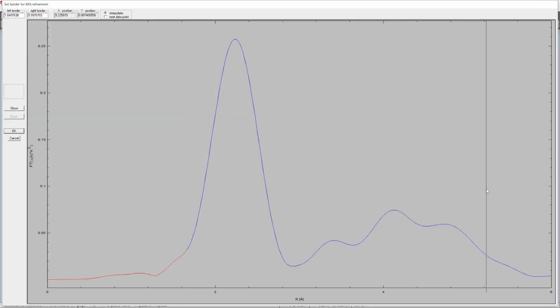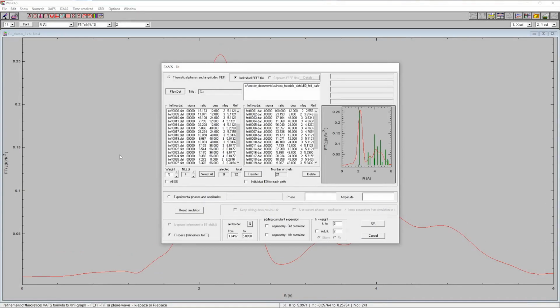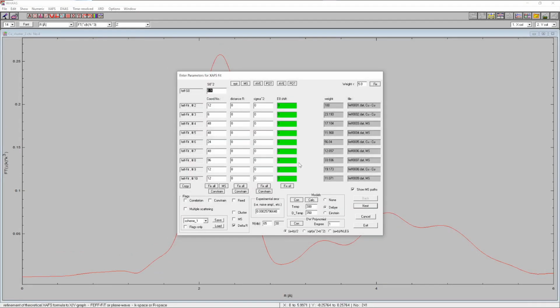Adjust the range in the radial distribution function. And now we're going to use the same correlations that we just used for the analysis of the copper foil spectrum. So we are going to use an amplitude reduction factor of 0.94. You use the multiple scattering correlation for the coordination number.